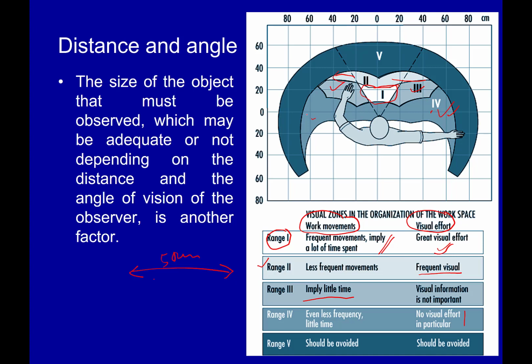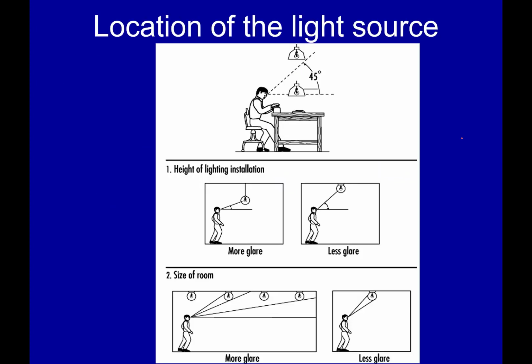So we choose zone 4. And zone 5 should be avoided in all cases. This will cause more fatigue, both to the hands as well as visual problems.